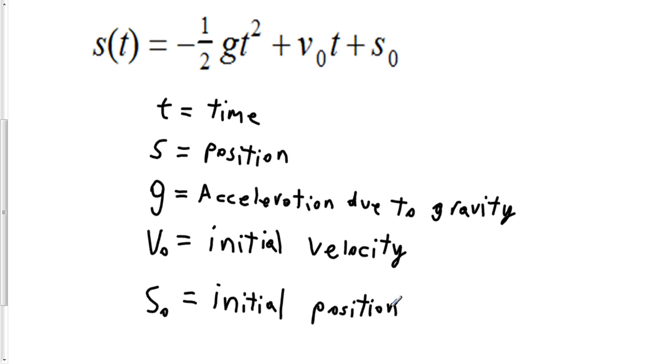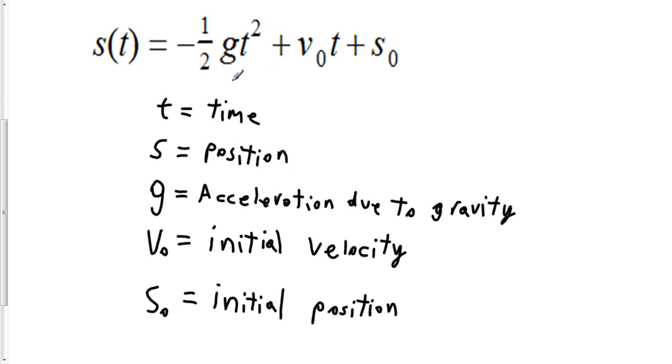So just by looking at a quadratic expression of time that gives us height, we can know a lot of things. We can know what height the object started at, how fast it was going when it started, and we can also know the acceleration of the object due to gravity.